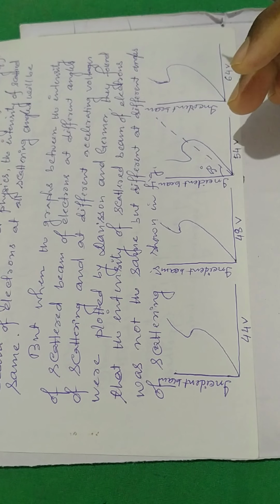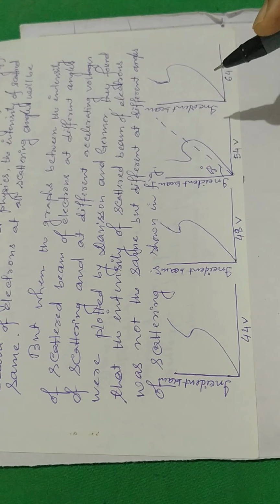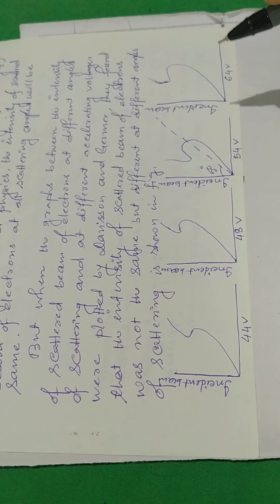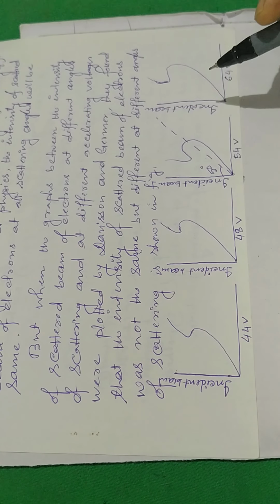When the beam of electrons accelerated through a potential of 54 volts was made incident on the nickel crystal, the intensity of the scattered beam was maximum at a scattering angle of 50 degrees, and a strong peak was obtained in this case.